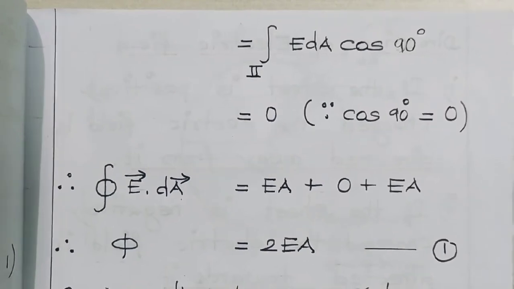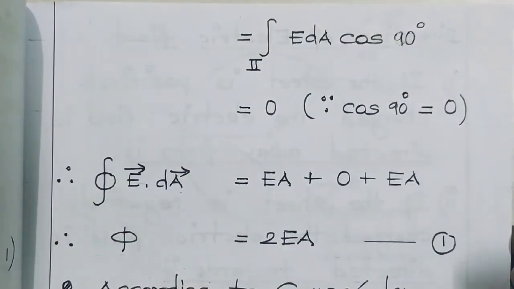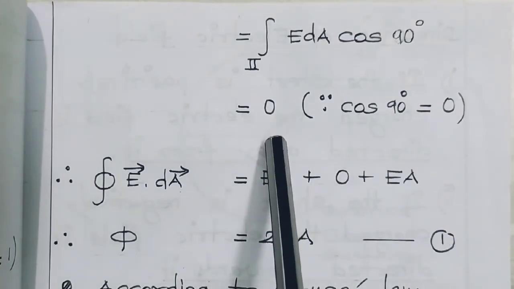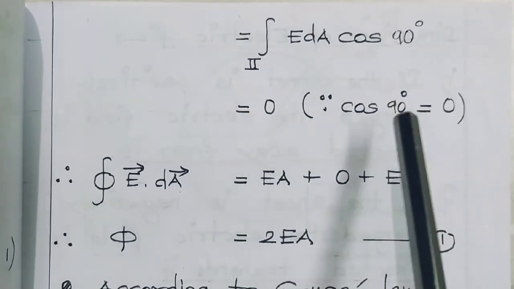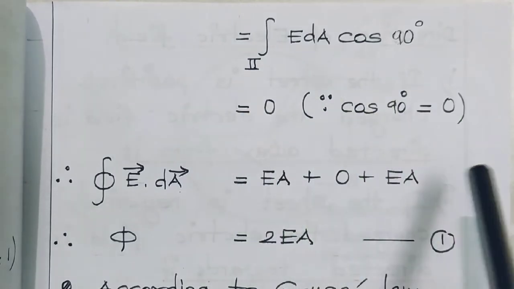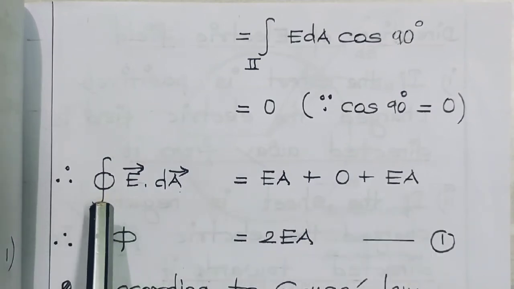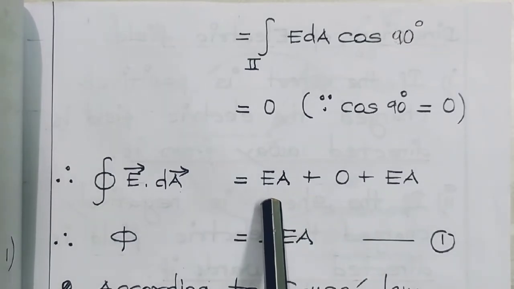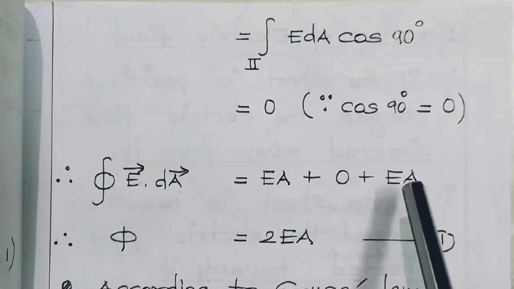Now we get E dA cos 90 degrees. Cos 90 degrees is equal to 0. So we get 0. So let us substitute all the values for the three regions in the equation we saw first. We'll get the surface integral of E vector dot dA vector is equal to EA for region 1, 0 for region 2, and again EA for region 3.